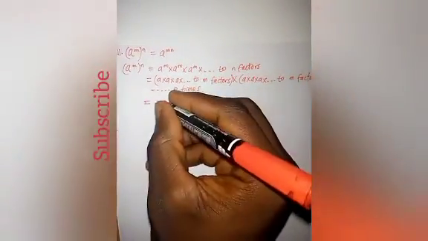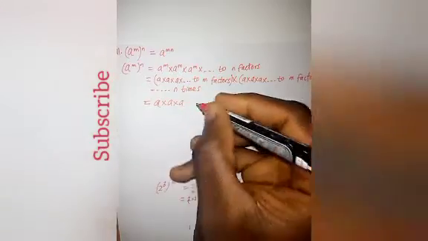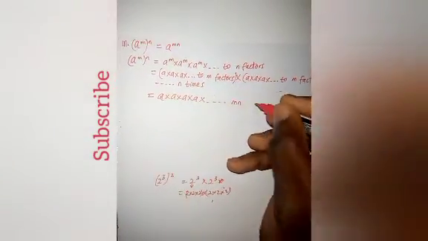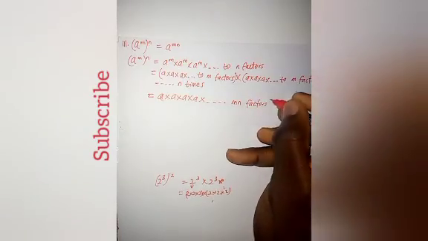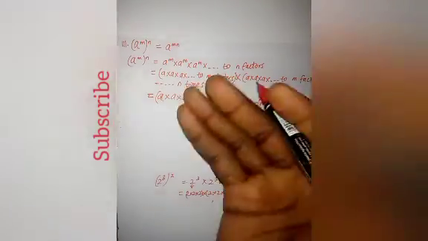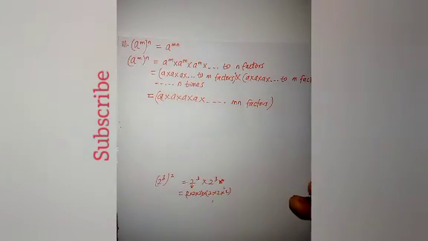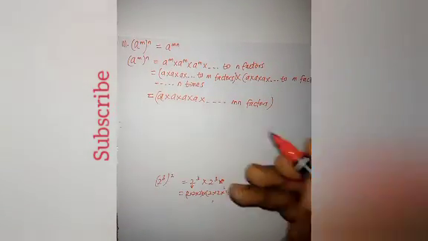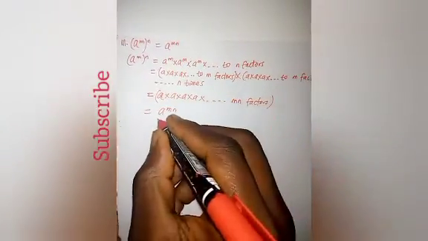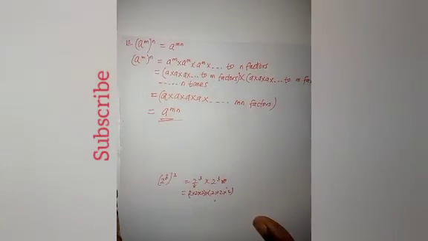So by this we have a multiplied with a multiplied with a like that to the n factors. Since they multiply each other, we have to the n factors like that. So then we have a to the power of mn. So that's the third formula.